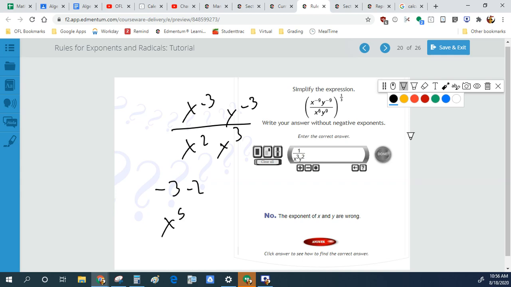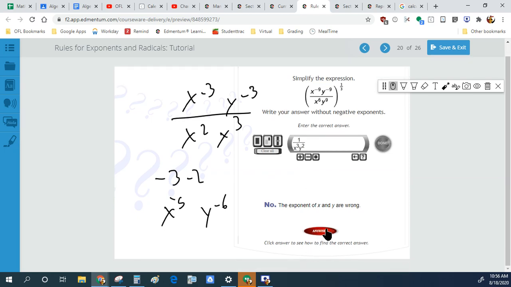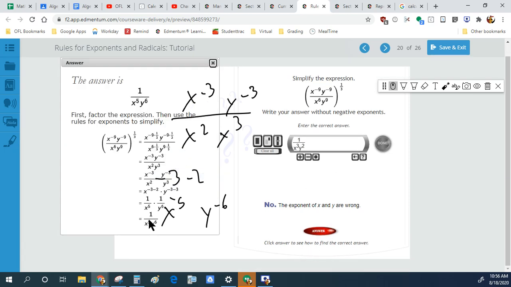Oh, x to the 5. Y to the 6. Why do I feel like I had that before? Yeah, there it is, 5 and 6.